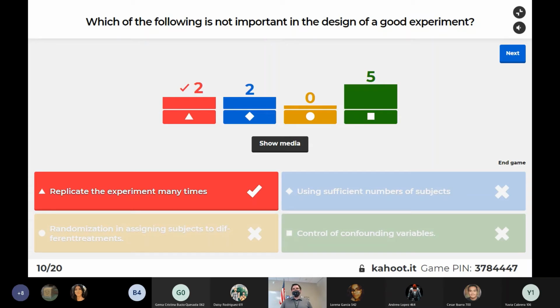When we talk about replication within an experiment, when designing an experiment, that's referring to having a sufficiently large amount of subjects, right? So that we have essentially repetition of this thing occurring. Right? We may want to replicate our experiment many times to see if it actually is doing what we think it's doing, but that is not part of the design.